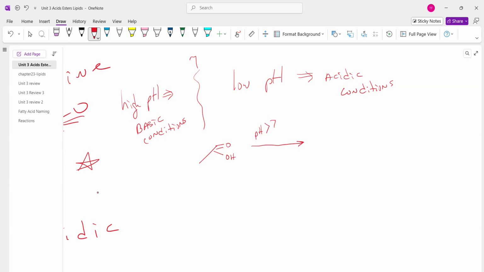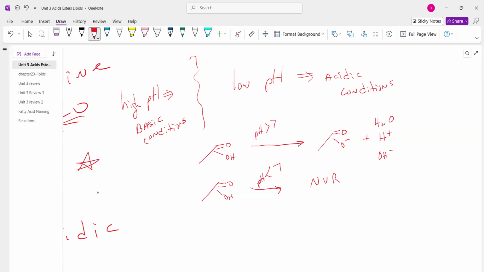It's going to pull off the H, and that H is going to combine with the hydroxyl ion and become water. Acetic acid in pH less than 7, there's no visible reaction.